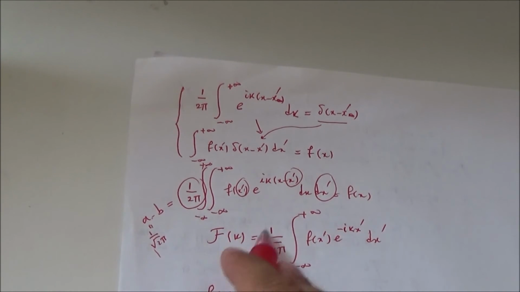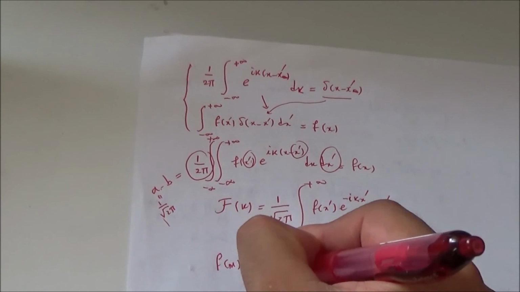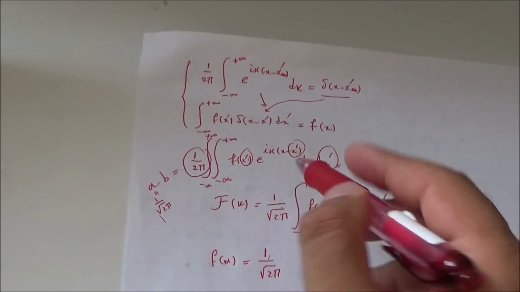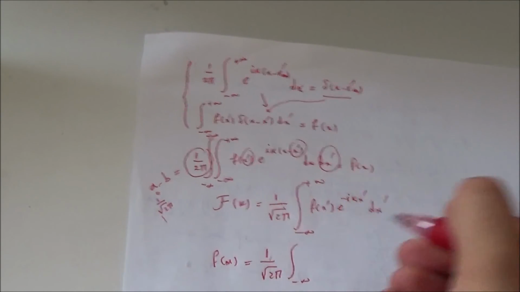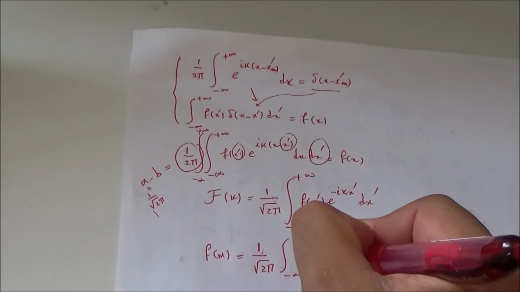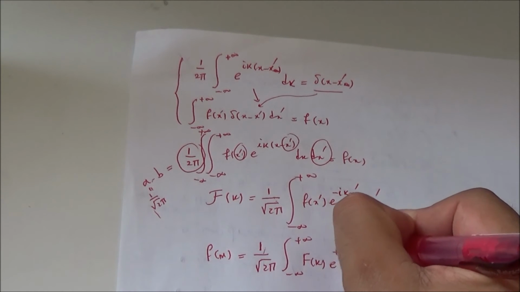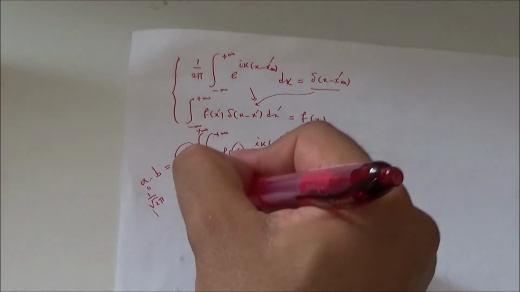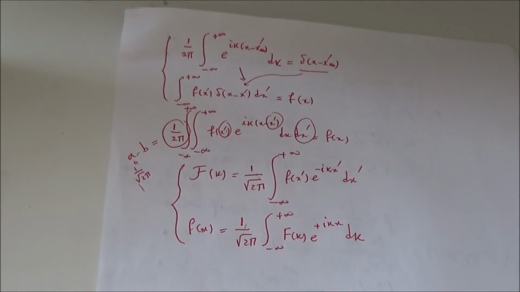So if I define this f of k, then f of x will be the other part. If a is equal to 1 over square root of 2 pi, the other part is exactly the same, because the multiplication of these two constants is exactly 1 over 2 pi, times the integral from minus infinity to plus infinity of f of k exponential of plus ikx dk. So these are the Fourier integral pairs.